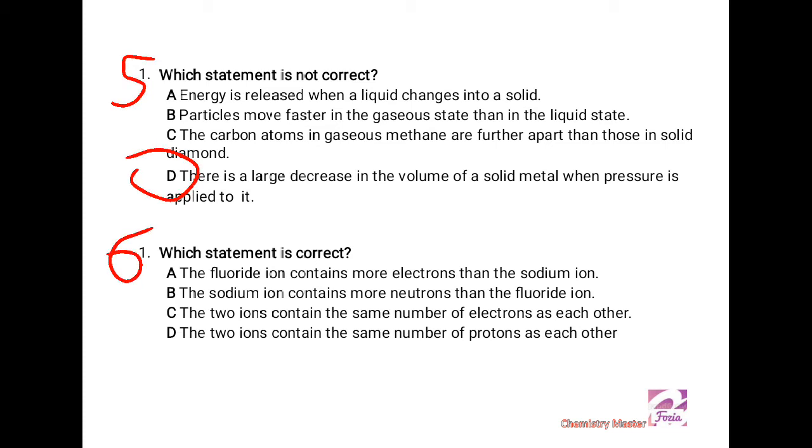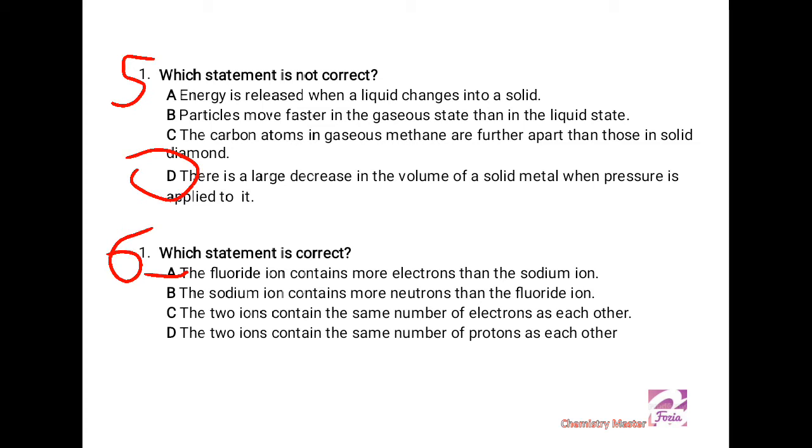Which statement is correct? Now in this MCQ, three of the statements are wrong and only one is correct. So you see, the fluoride ion contains more electrons than a sodium ion. Both of the elements, fluorine and sodium, have different proton numbers, so there is no comparison between their subatomic particles.